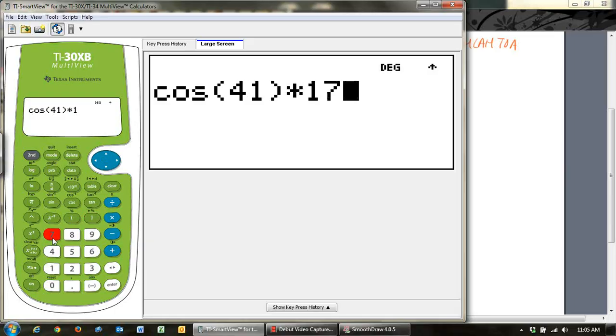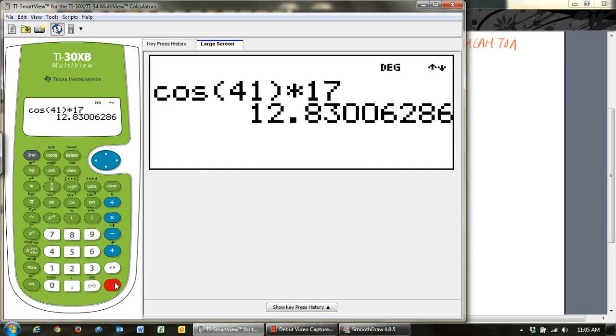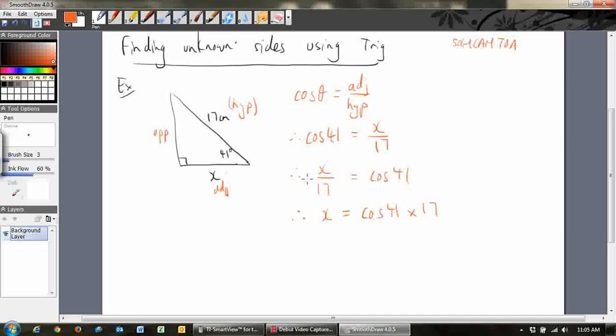Press equals, and that's your answer, 12.83. We're in centimeters here, and x is a distance, so our answer is 12.83 centimeters.